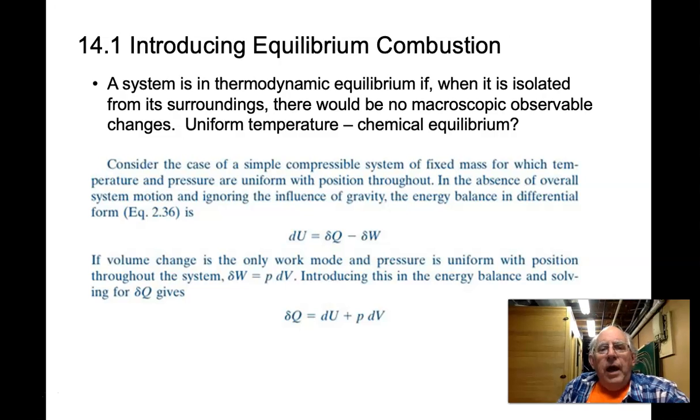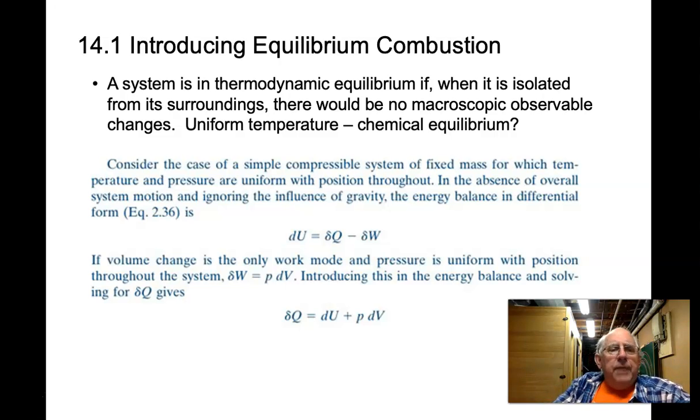And so, as we then discuss this concept of equilibrium combustion or chemical equilibrium, we're going to look at a simple compressible system of a given fixed mass in which we assume that the temperature and the pressure are uniform with position throughout the system itself.